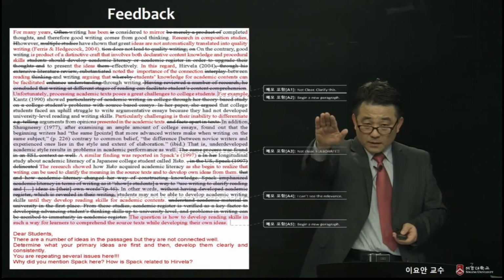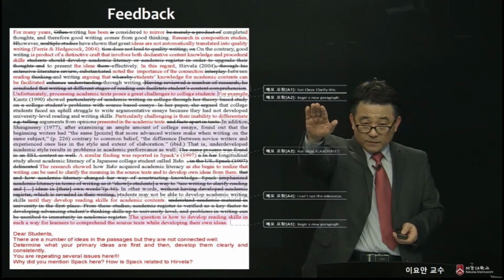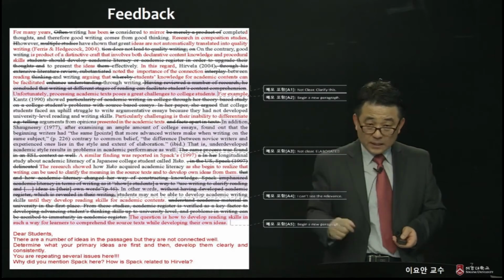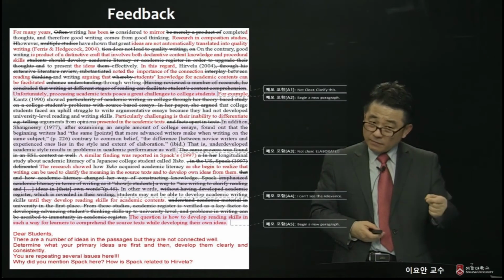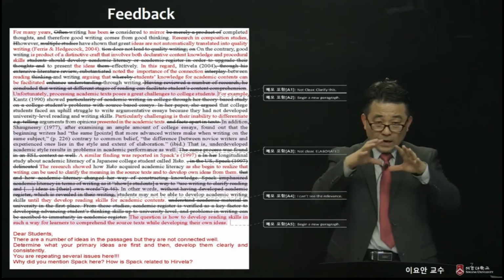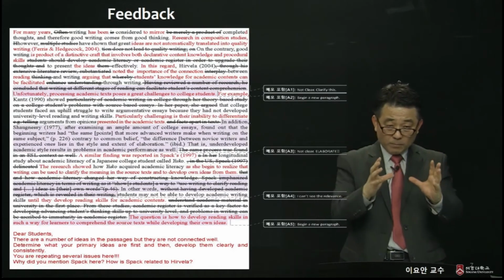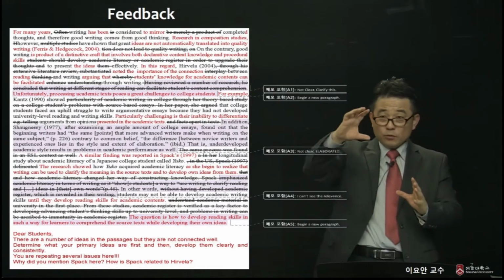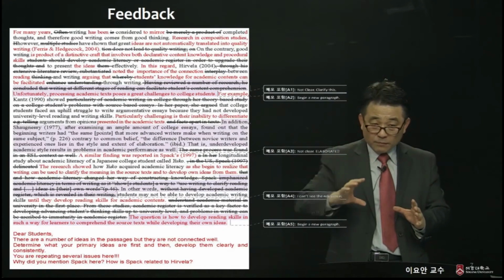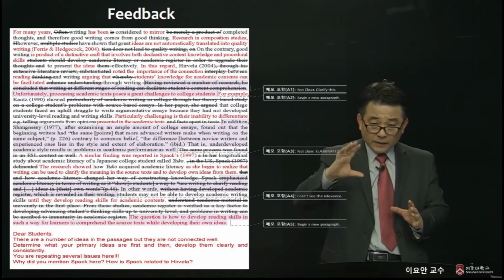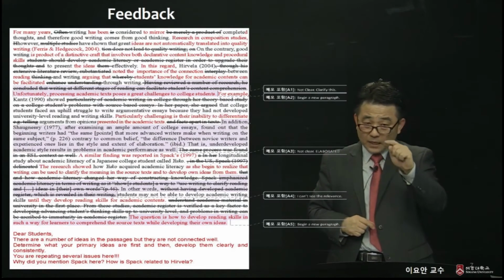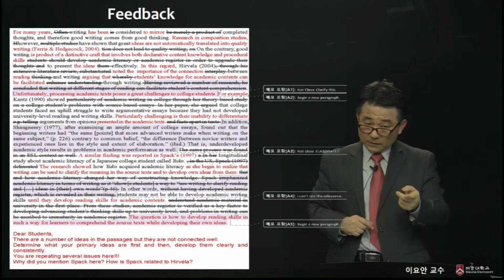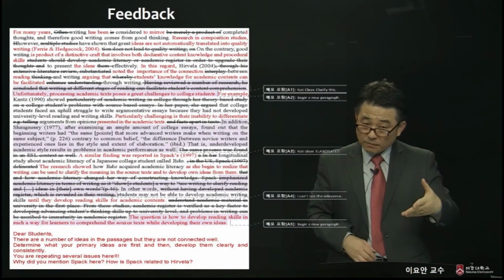For example, here, in feedback 2, it says, begin a new paragraph. So beginning a new paragraph means a lot of things because you organize your thought in one paragraph. So when you produce 3 paragraphs, you have 3 different ideas. And then when the topic shifts, you have to put in a new paragraph so that readers can process the information.